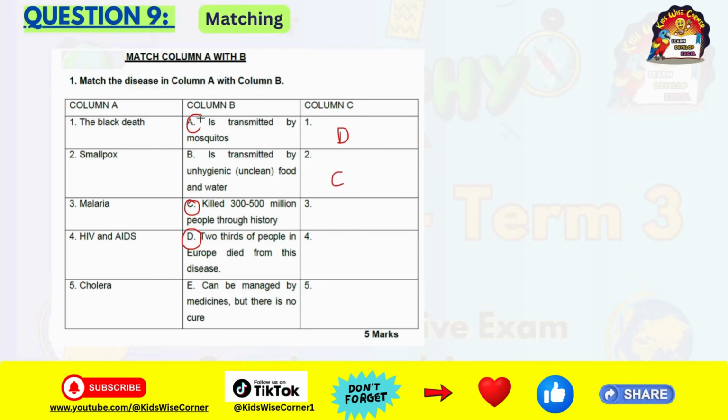So that is A. Number 4, HIV and AIDS. This can be managed by medicines, but there is no cure. That is E. And cholera, it is transmitted by unhygienic food and water. This is B.